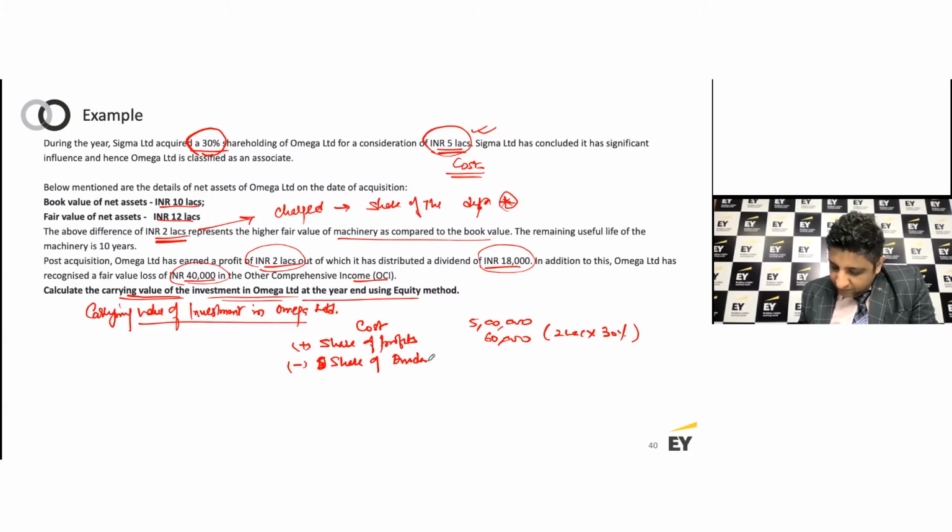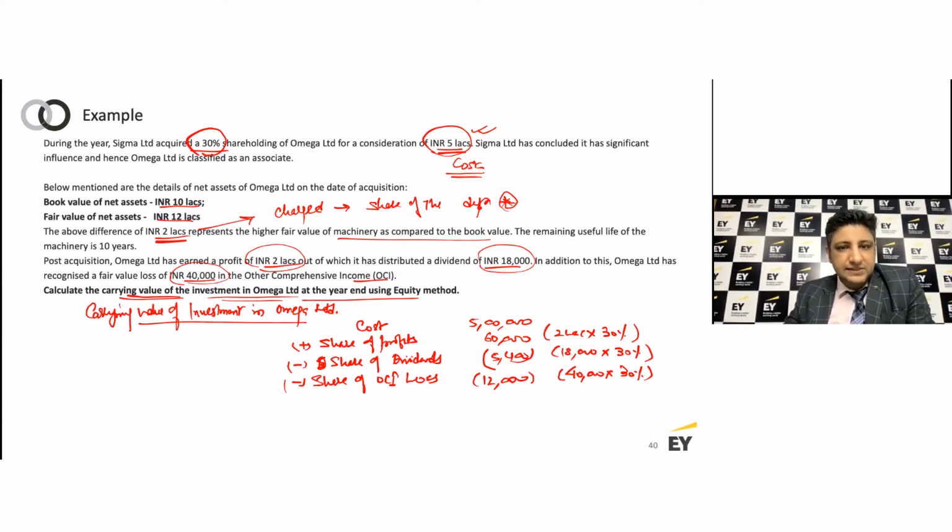Minus, you recovered your investments in form of dividend, so 30% of 18,000, which is 5,400, is your recovery of that investment. Minus share of OCI loss. Now this is given at 40,000. We take 30% of that, which becomes 12,000 for us.